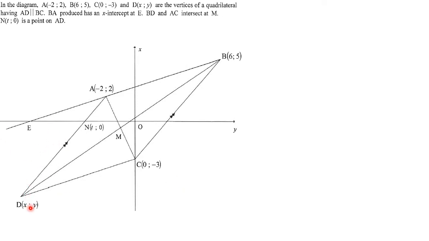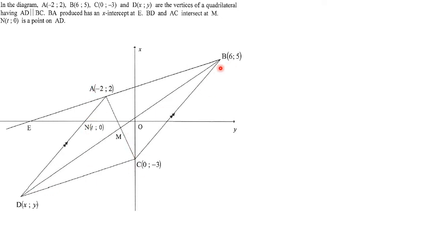So if a question says we should calculate the value of x and y, we already know that x must be negative and y must also be negative. And because AD is cutting the x-axis on the negative side, it means the t must also be negative.